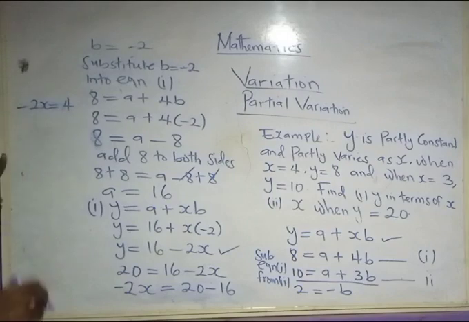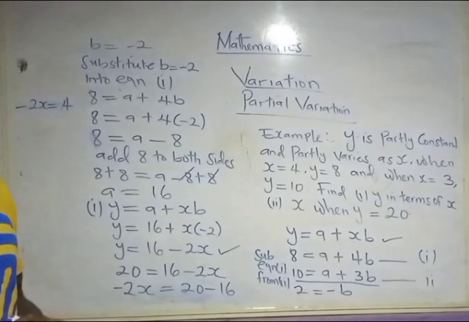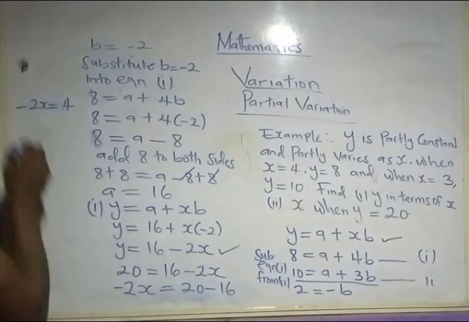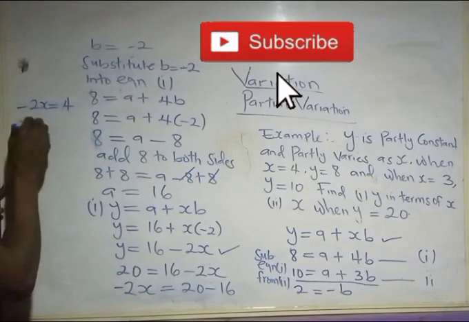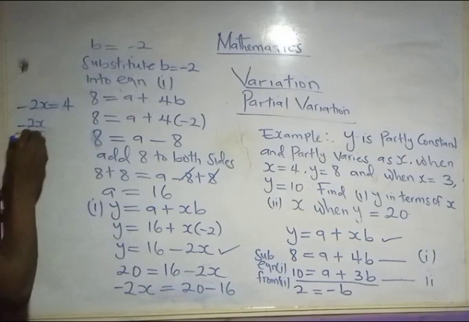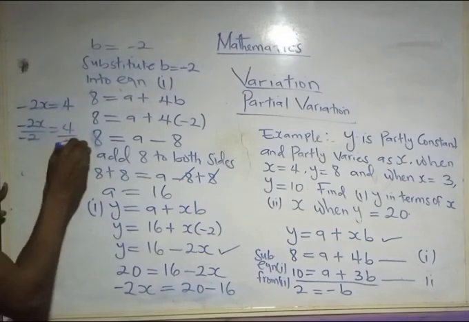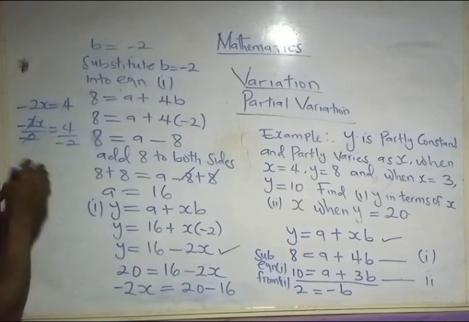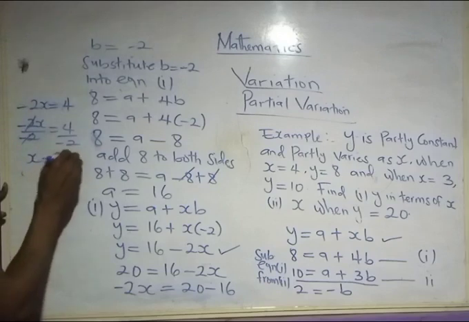We need to divide both sides by minus 2 so that our x will stand alone. So we divide both sides by minus 2, we have minus 2x divided by minus 2 equals 4 divided by minus 2. This will cancel this. So we have our x is equal to minus 2.